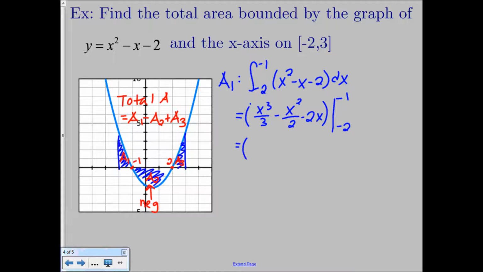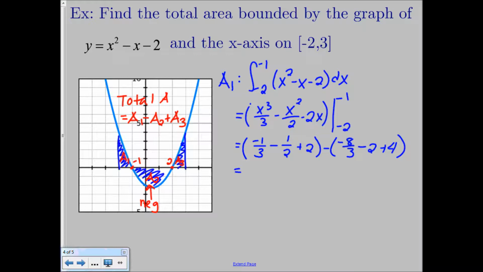So we always start with the top, so we're going to plug -1 in first. So we're going to get -1 cubed is -1/3 minus 1/2 plus 2, minus, now plugging in -2, -2 cubed is -8/3 minus, we're going to get +4/2, so we're going to get -2 plus 4.